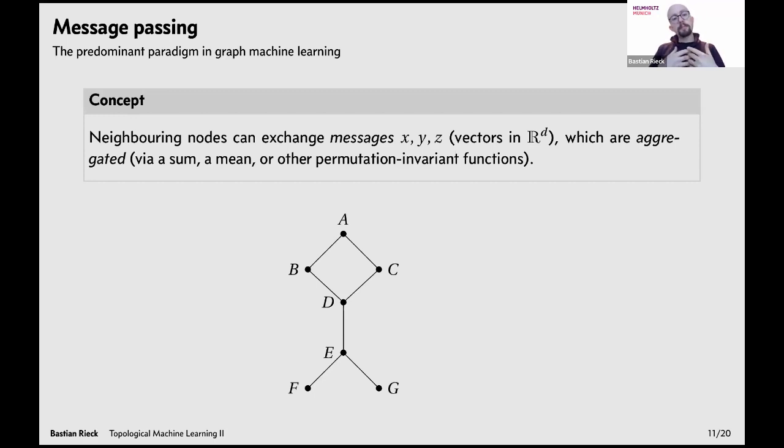Suppose you have some kind of messages attached to your nodes. The messages could be something like vectors in a high-dimensional vector space, right? Then you can take these messages, exchange them across neighboring nodes, and aggregate them using some kind of function. This function could be a sum or a mean or some other permutation invariant function.